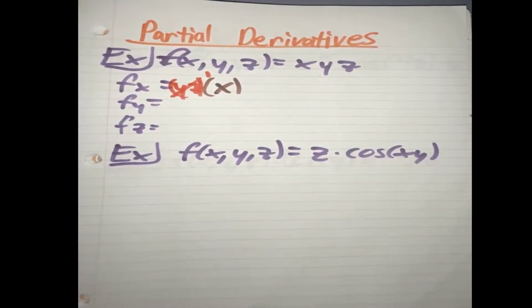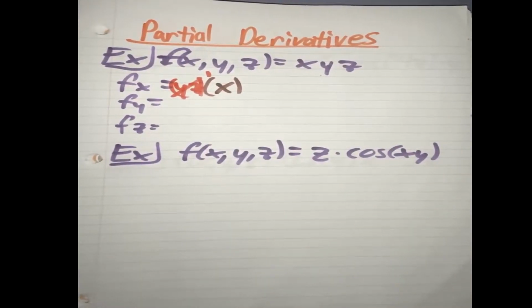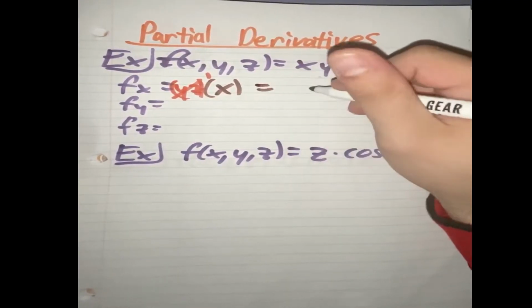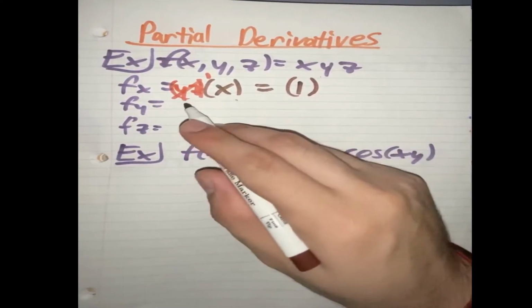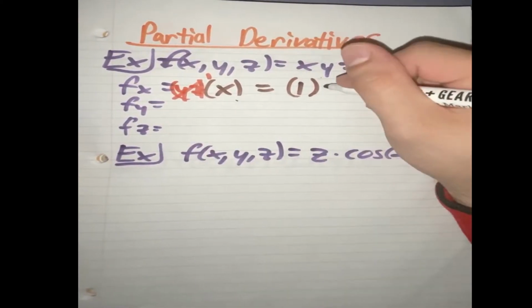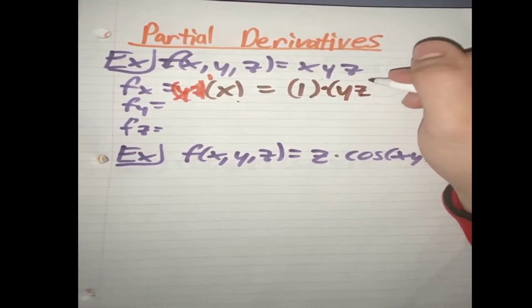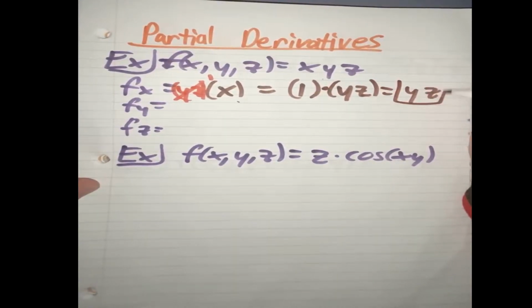Now when we take the partial derivative with respect to x, we take the derivative of x. The derivative of x is just 1. Since it's being multiplied by a constant, we include this in our answer. So the partial derivative of x is simply equal to yz.